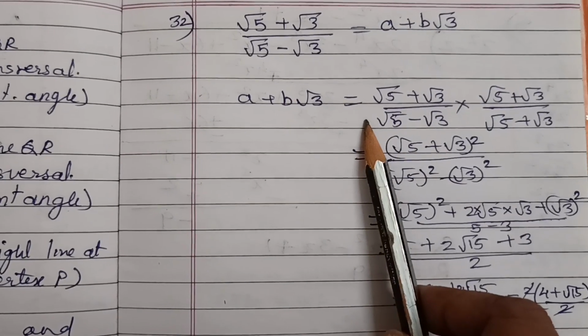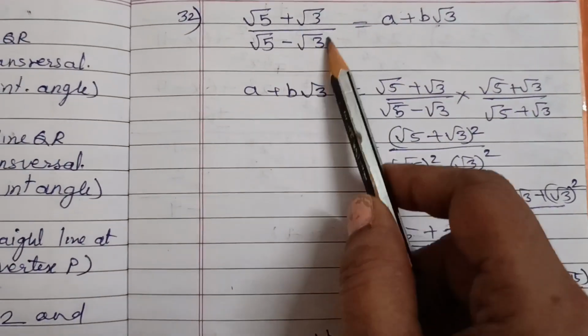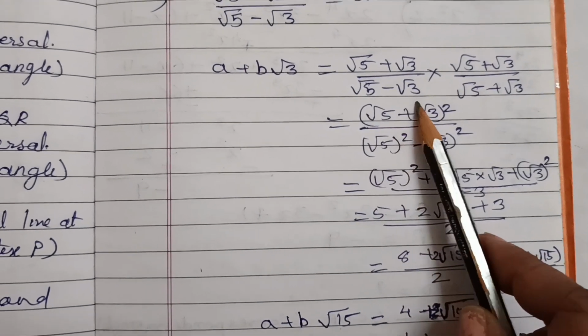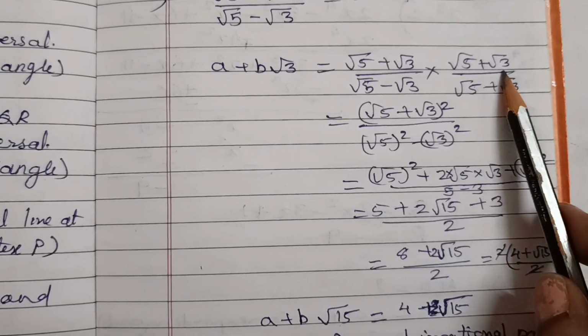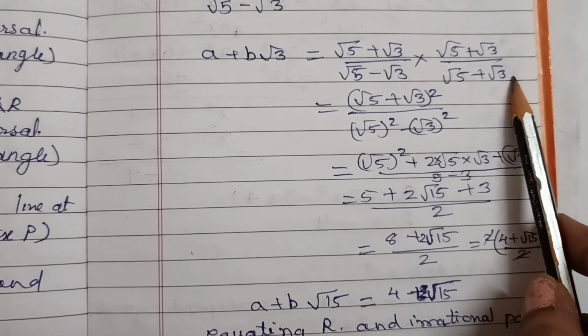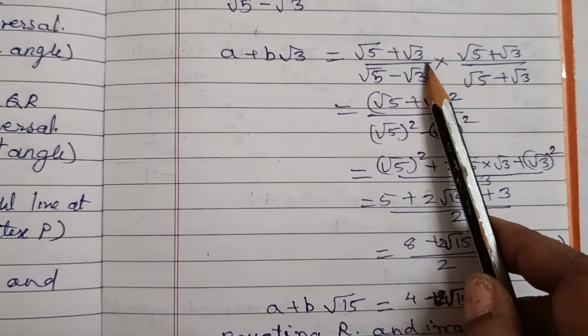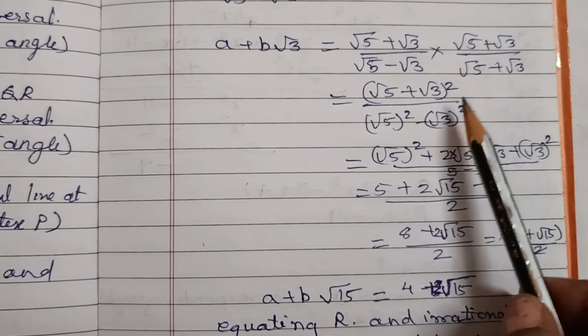a plus b root 3 is equal to this. Now we will rationalize this first. So root 5 plus root 3 upon root 5 minus root 3, into root 5 plus root 3 upon root 5 plus root 3, since the minus will become plus here. Root 5 plus root 3 into root 5 plus root 3 is root 5 plus root 3 whole square.